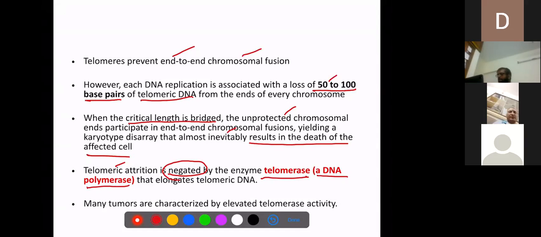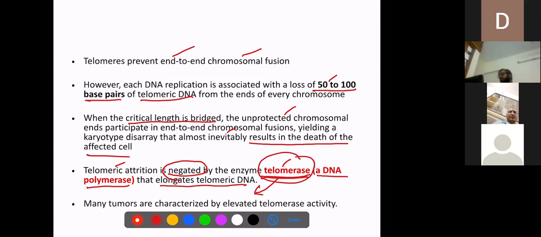They will be provided with an RNA, a complementary substrate. What does this telomerase do? The name itself says that it will produce a telomere again. That means it will elongate the telomeric DNA, and it will lead to uncontrolled division, and the cell is not going to die at all.